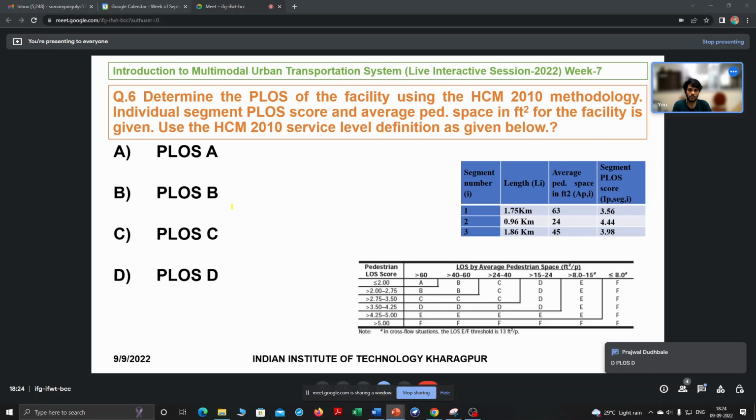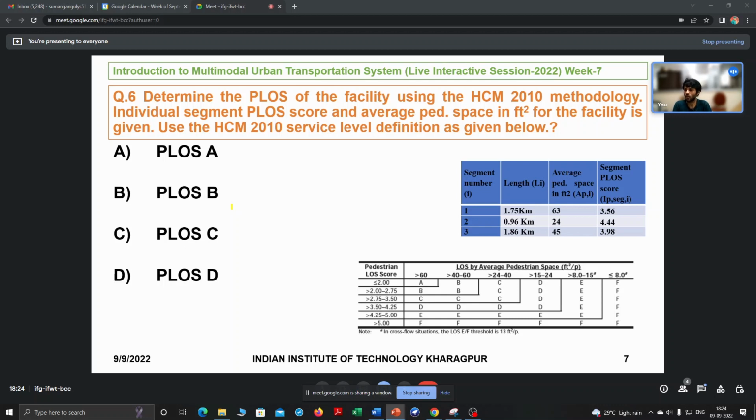LOS D. I don't know, I need to calculate also. First everyone will answer, then I will also calculate in front of you. You are saying LOS D, okay, it is noted. I am giving time so that everyone can calculate, and then I will start.